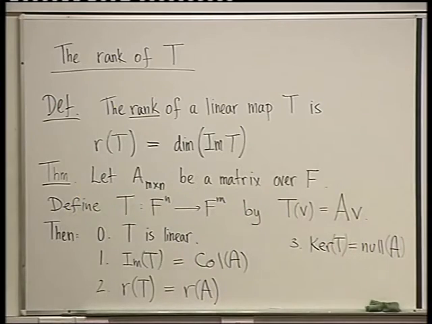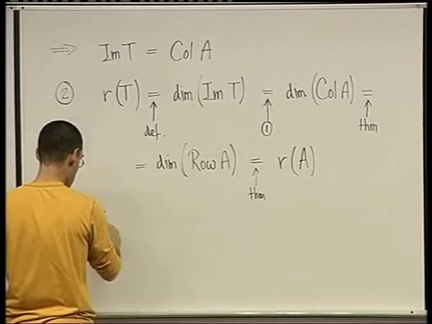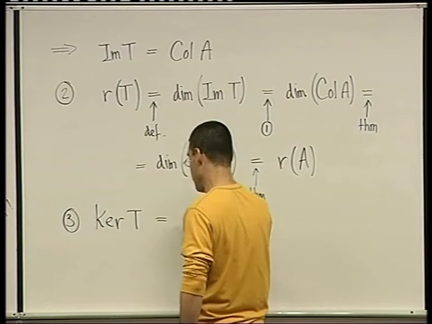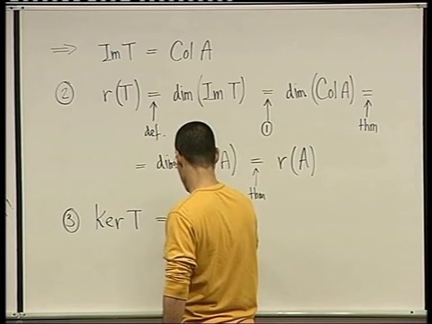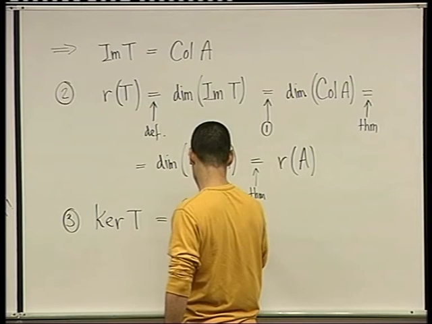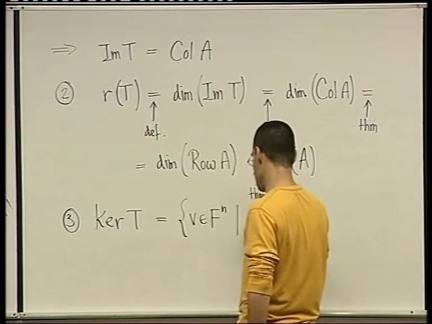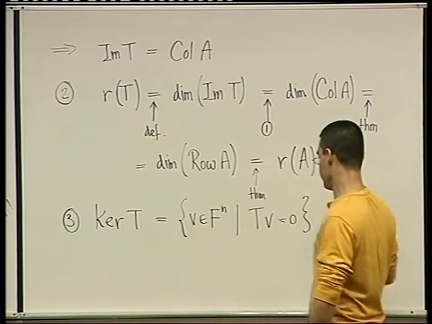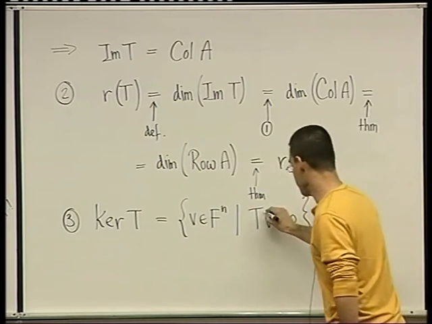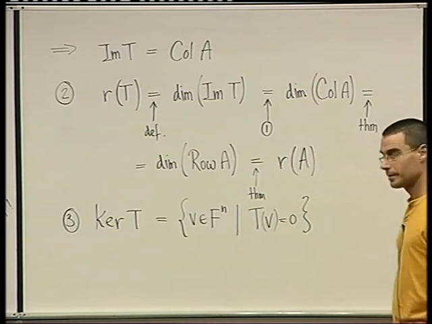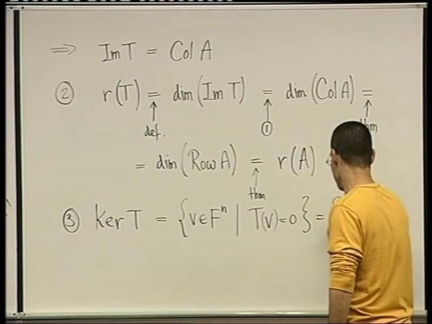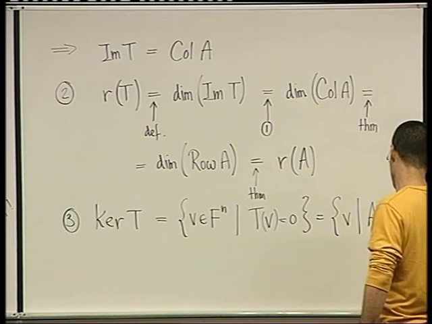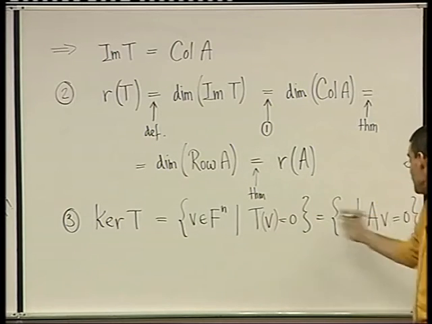So let's write it. Kernel of T is precisely those V's in Fn such that T of V is 0. That's the definition of the kernel. This is the same as those V's such that AV equals 0, because T of V is AV.